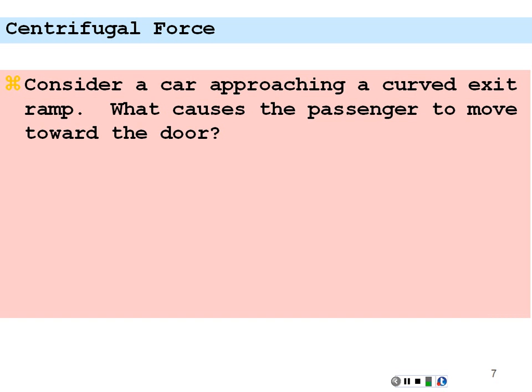Yeah, there's some special forces acting on you today, and you would have to conclude, yes, there is a fictitious force acting on your passenger. And so we have to make up a force to explain what is happening to her in your special frame of reference. The force that we make up is called the centrifugal force.